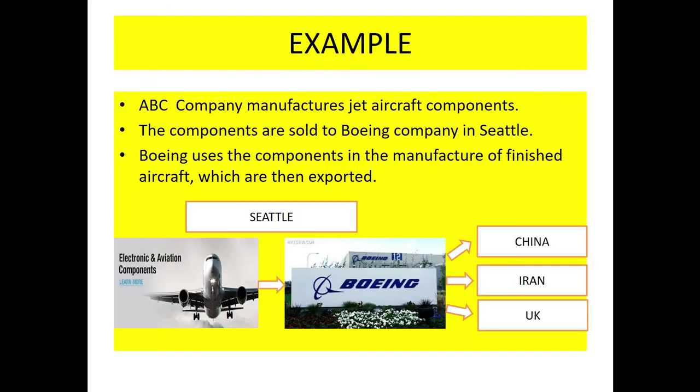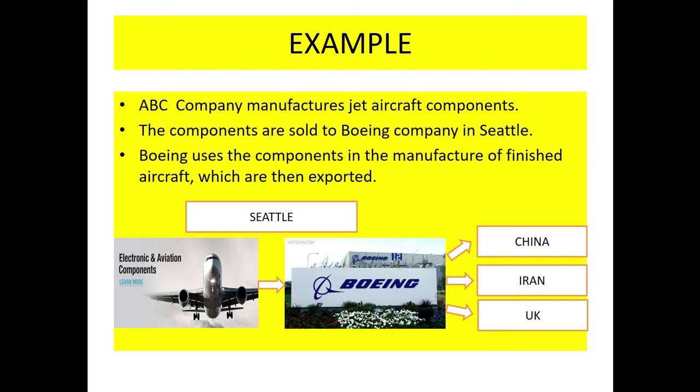Okay, here is an example. ABC company manufactures jet aircraft components. Okay, so the components are sold to Boeing, so that is another company.